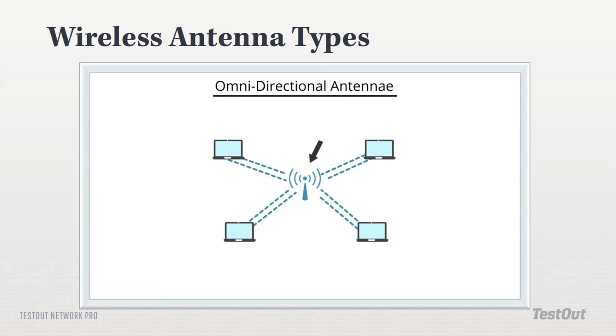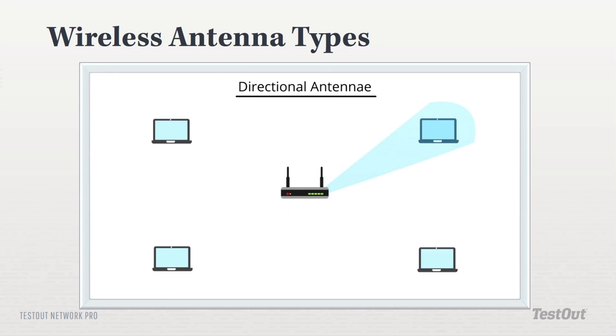So if you have laptops and you have the antenna in the middle, it's going to be able to access them all. And here we have a signal that is just going to be very specific. It's a directional antenna, and it's only hitting that one laptop. So that's not really going to meet the needs of the other 3 laptops that are in here.